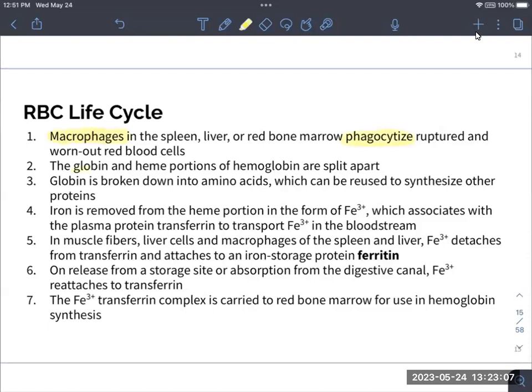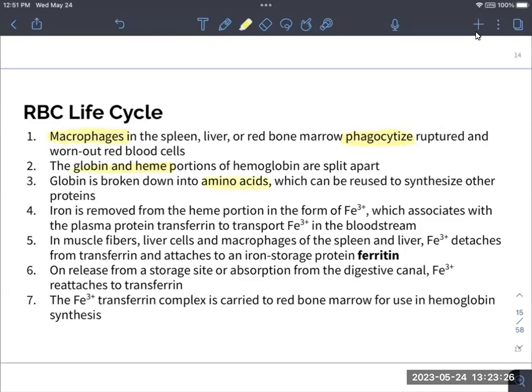The globin and the heme are broken down. These are different parts of the proteins. Proteins are just chains of amino acids. So they get broken down to those amino acids again.